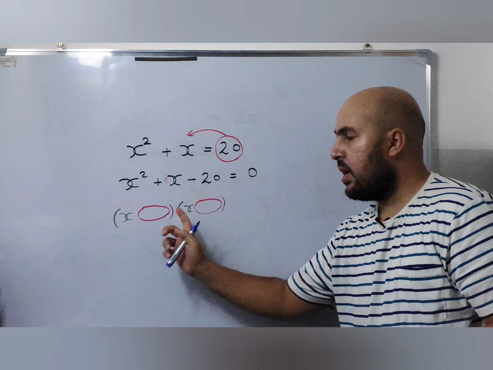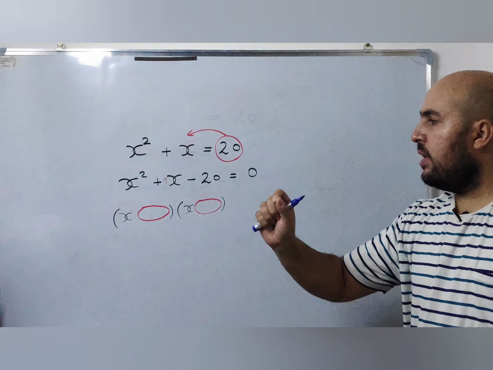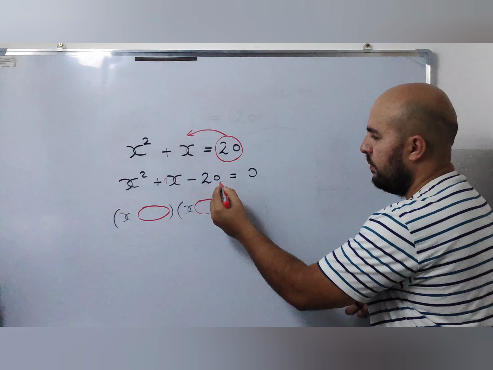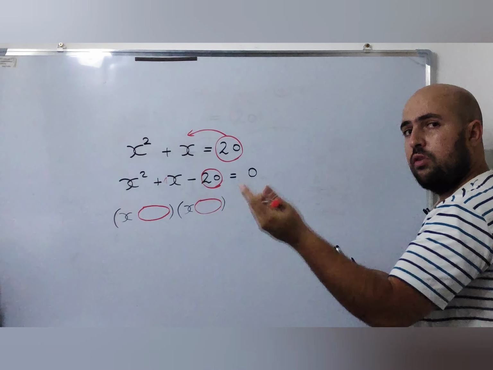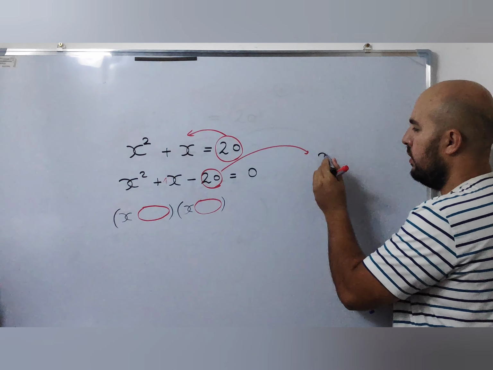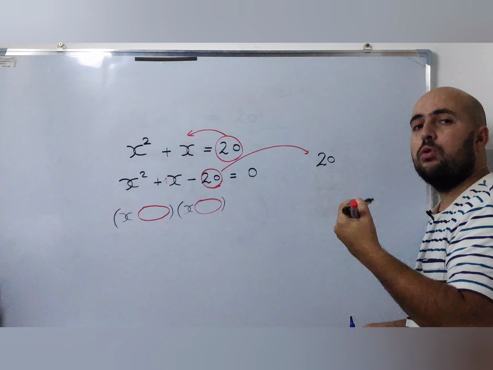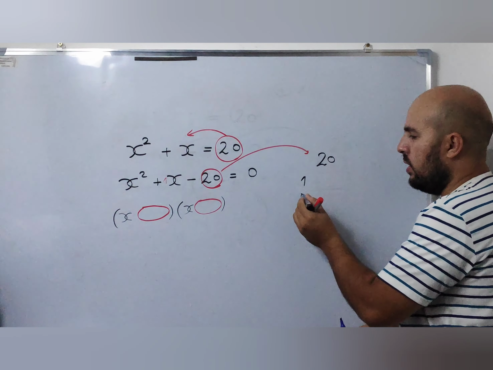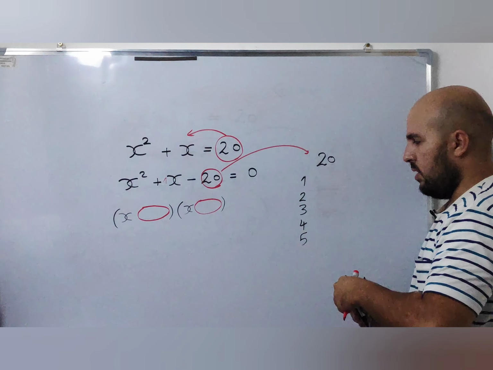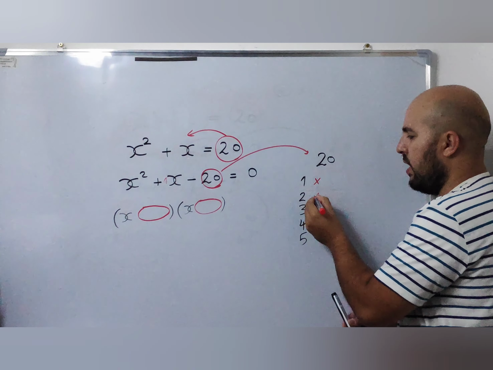To solve them, let's take the 20 and decompose it to its factors. We're going to take the 20 here, and then we will talk about the signs. We're going to take the 20 first, decompose it to its factors. So we're going to write 1, 2, 3, 4, 5, and then write the multiplying sign.